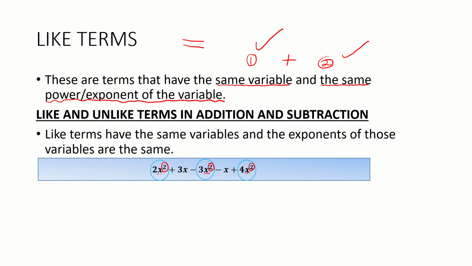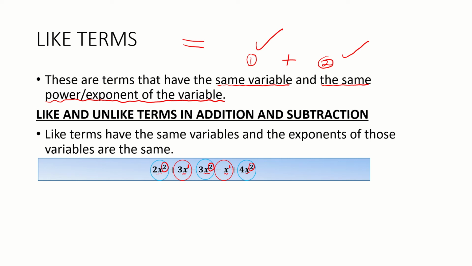So they meet requirement number two. Meaning that 3x will be a like term with x. They share the same variable, which is x. And the exponent of that variable is 1.